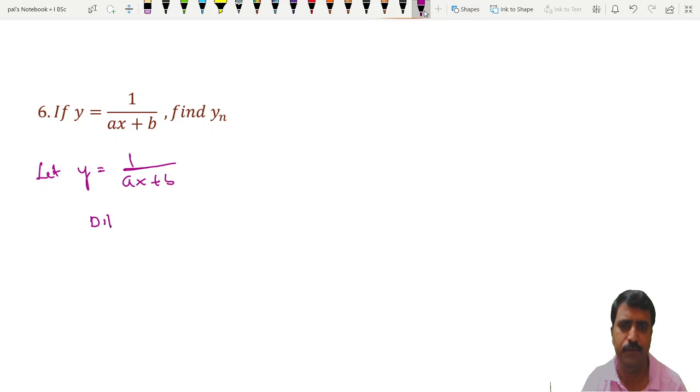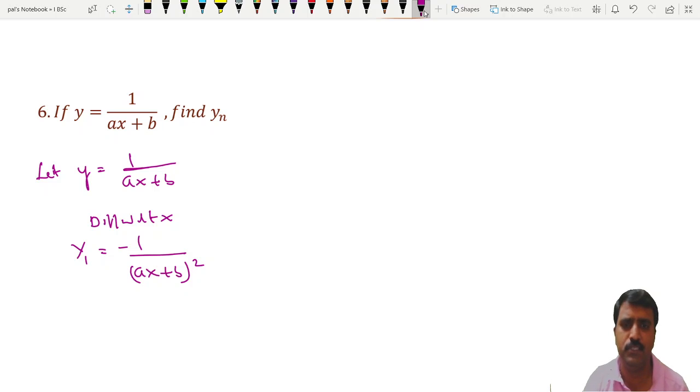Similarly, if we differentiate this with respect to x, differentiation of y, y1, is minus 1 by ax plus b whole square.